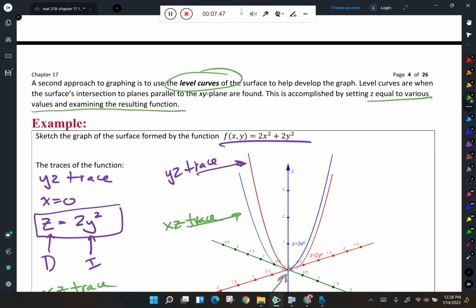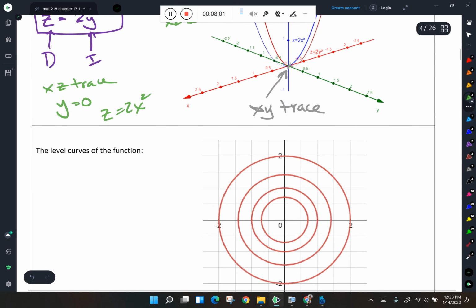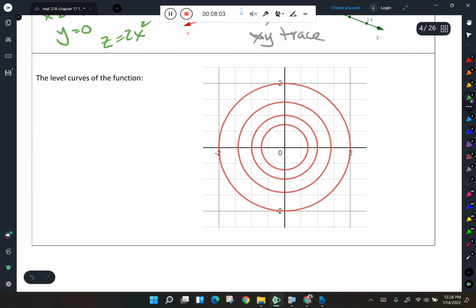What does that mean? We say, well, if z was 1, what would this shape look like? If z was 3, what would this shape look like? And so level curves end up looking like this.